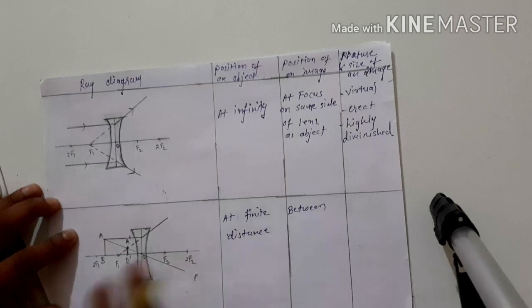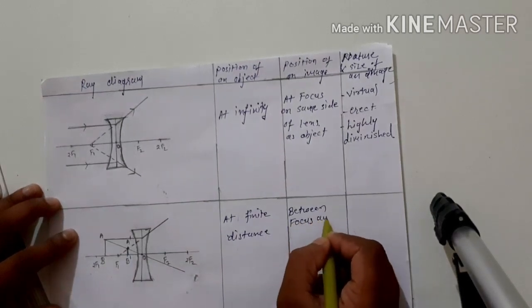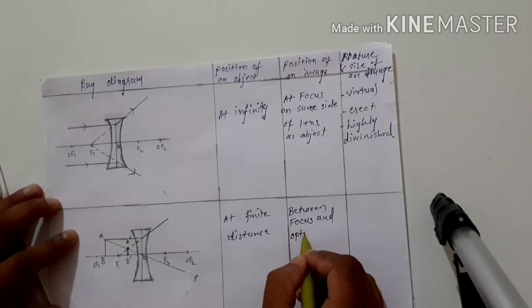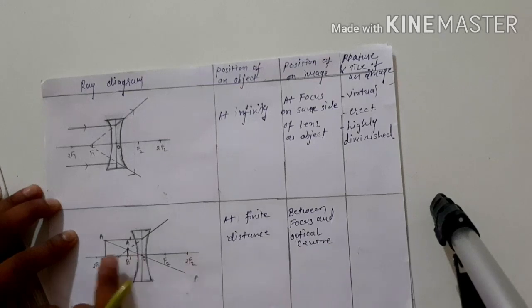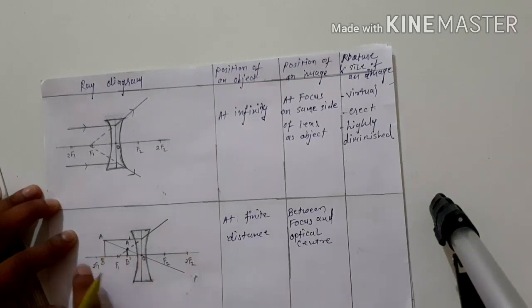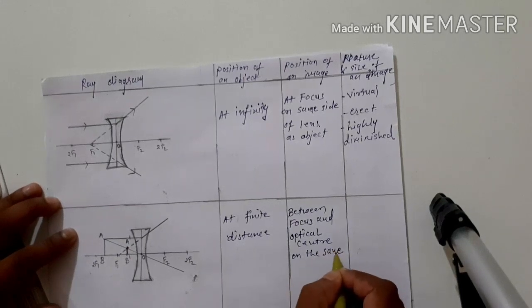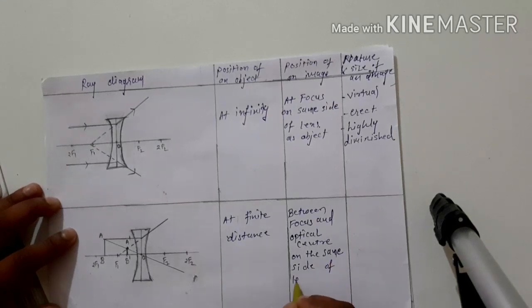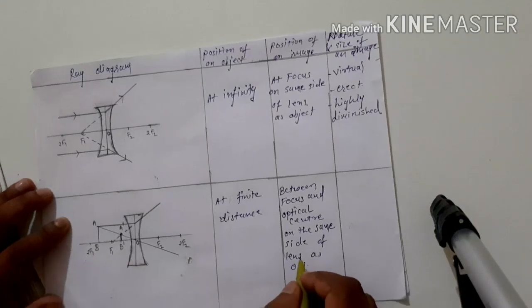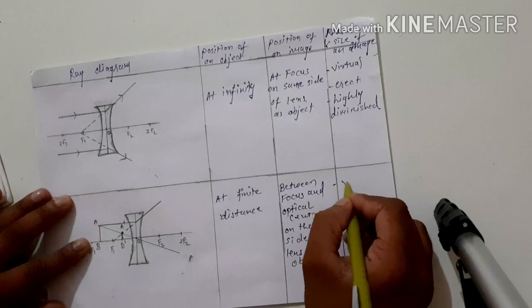It is between focus f1 and the optical center, on the same side of the lens as the object. How will it be?